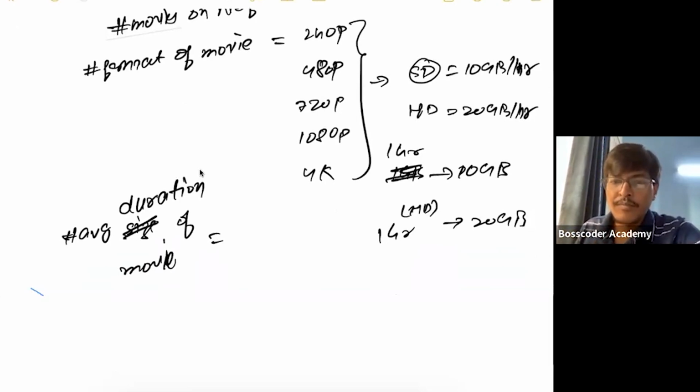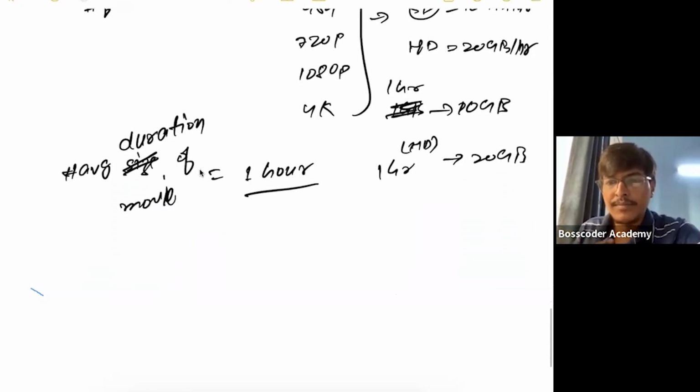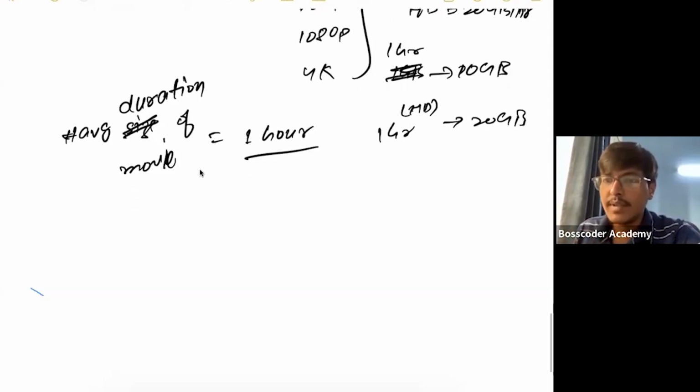Movies themselves, I think will be around 1.5 hours, but for ease of our calculation, let me take it as 1 hour. You can take 1.5 as well. Again, it's an average, depends on the creation definitely. Again, these are estimations, we are not talking about actuals.